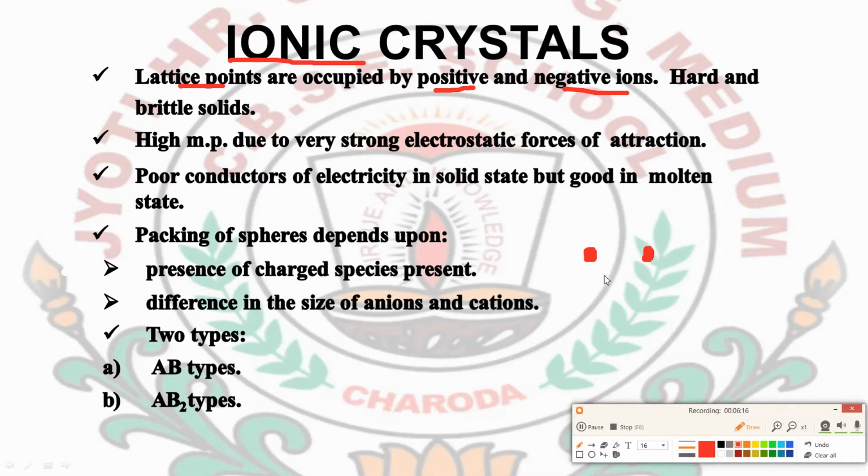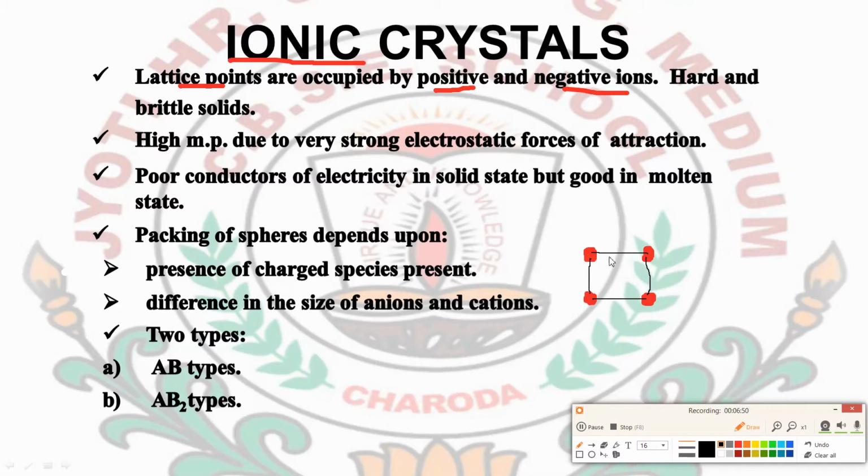If I am saying that it is a lattice structure, these red dots are showing the lattice structure, and I am joining them by a line like this. So here, these red dots are showing the lattice points.